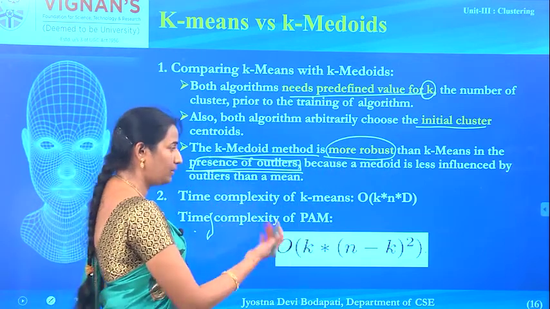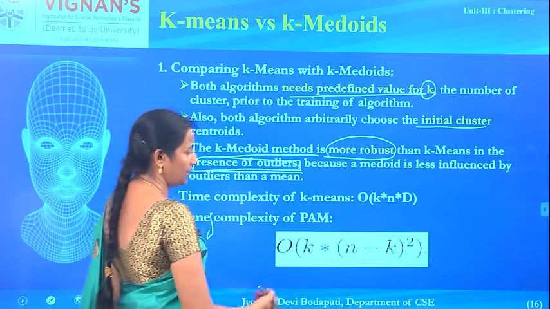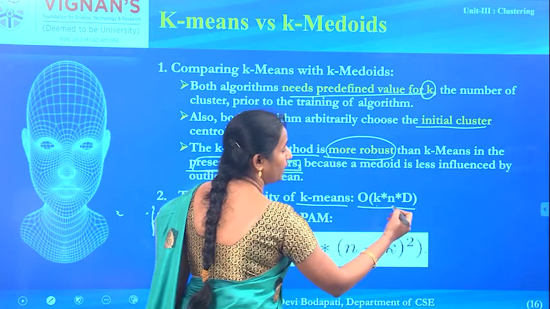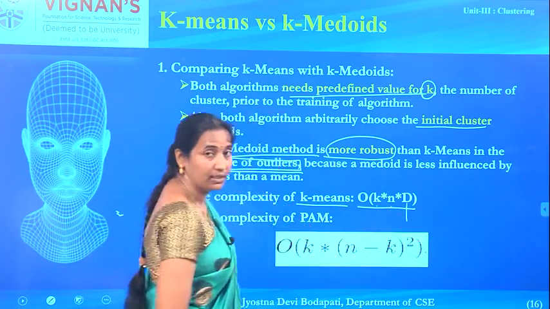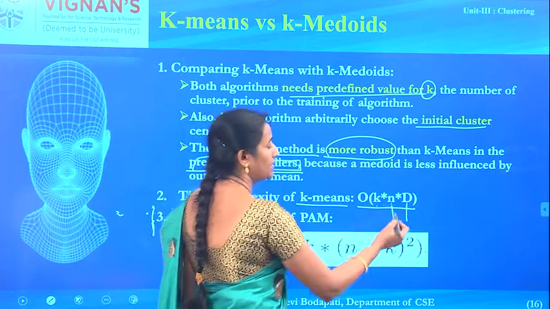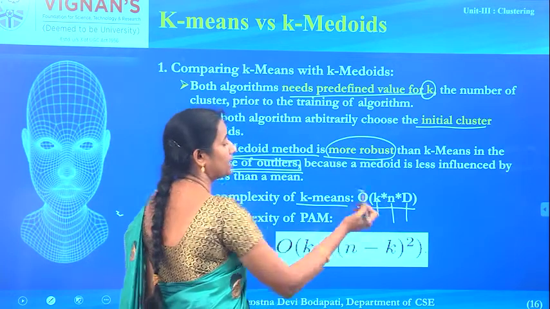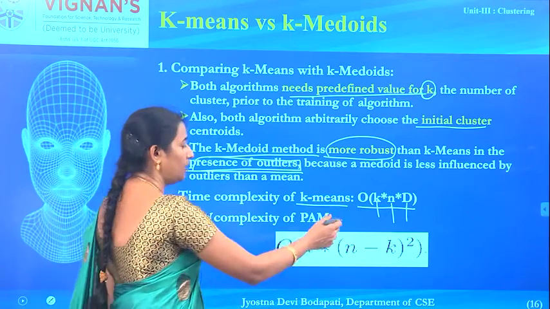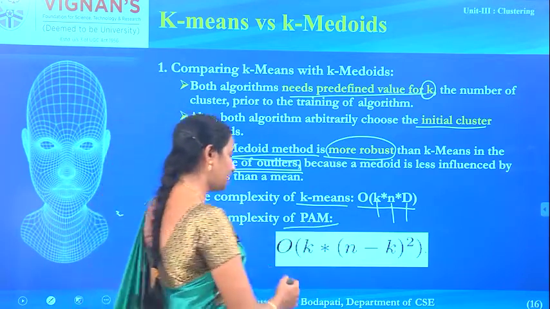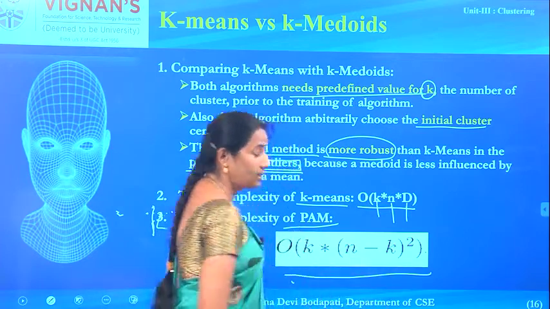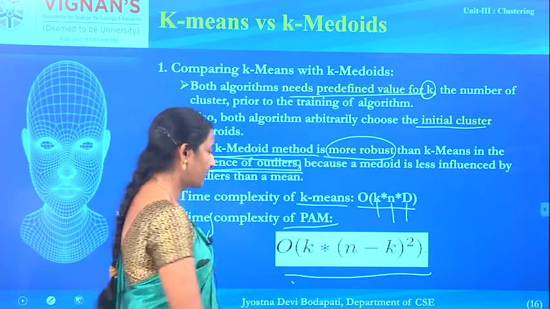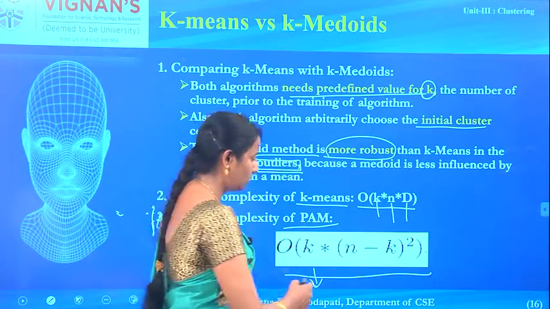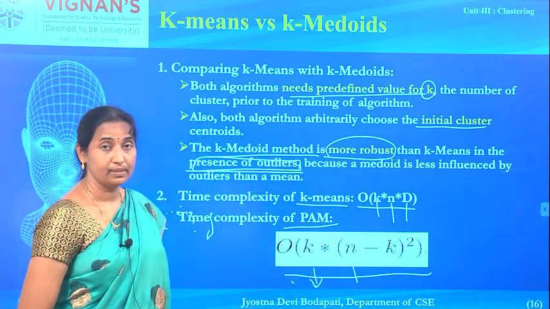Now coming to the time complexity: the time complexity of the K-means algorithm is order of K into N into D, where D is the dimensionality of each data object, N is the number of data samples and K is the number of clusters. In case of the K-medoids algorithm, the time complexity is order of K into (N minus K) whole square, where K is the set of medoids and N is the number of data samples.